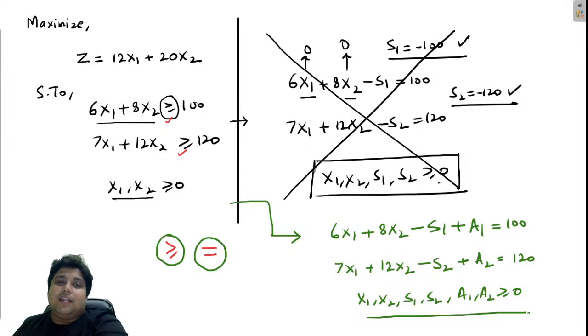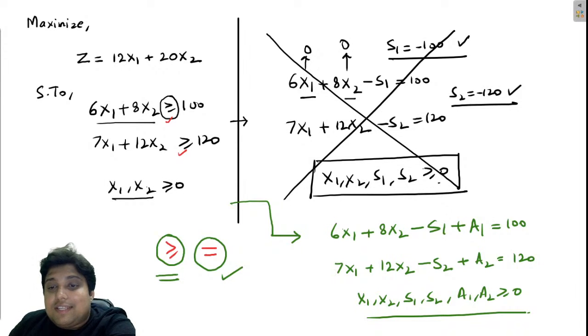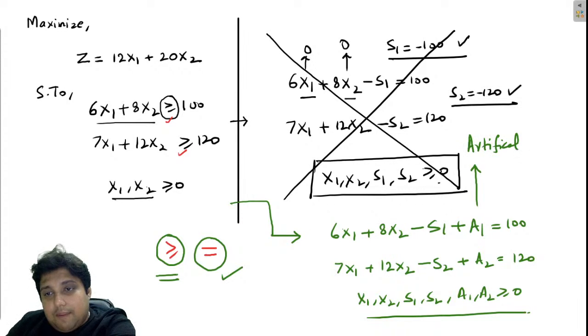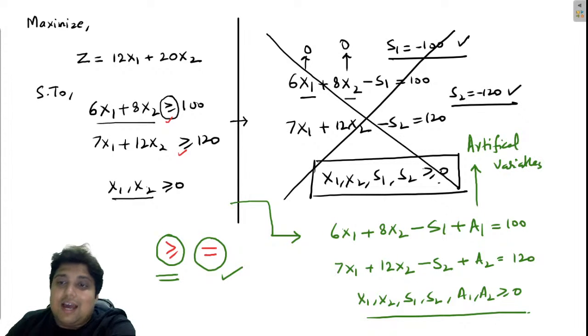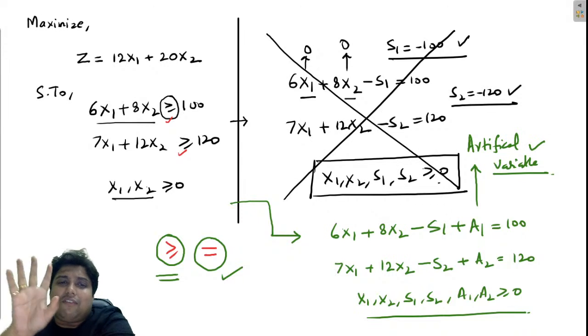So basically guys, remember this point: whenever there is a greater than equal to constraint or equal to constraint, one more variable gets added to the standard form constraint equation, and this variable is called the artificial variable. As the name suggests, this variable is completely artificial, completely fake, no significance at all.